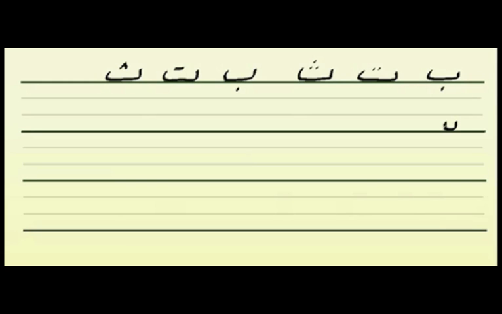Let's connect our letters now. Arabic letters differ depending upon whether they're in the initial position, the middle position, or the final position. Here, the ba is in the first position, ta is in the second position, and the tha is in the third position.